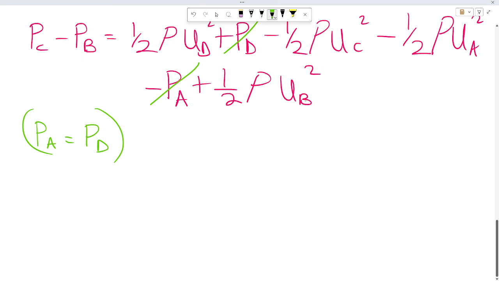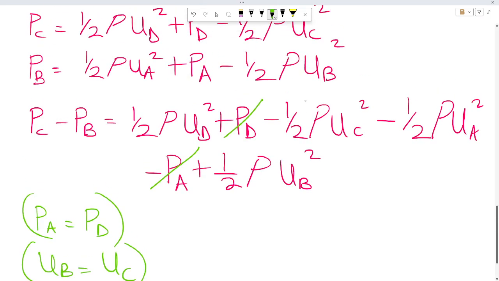Also, we know that UB equals UC, that is, the velocities on the rotor disc are equal. So therefore, half rho UC squared and half rho UB squared cancel each other.